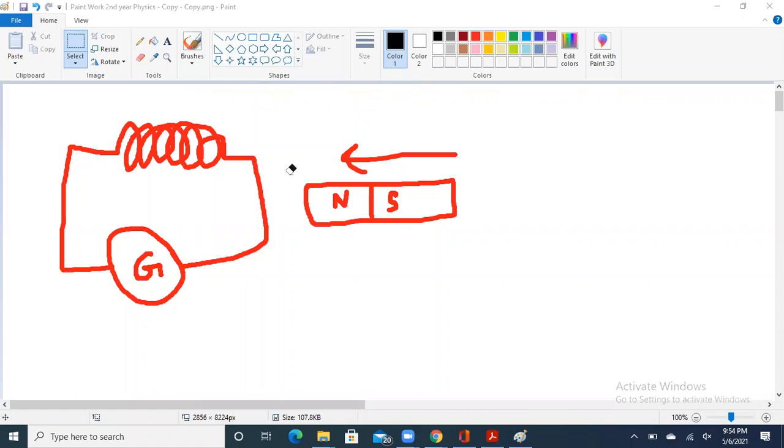Now it is at the least possible distance. Since it is at the least possible distance, as we know that the magnet is permanent, it is still having the same number of lines of force.